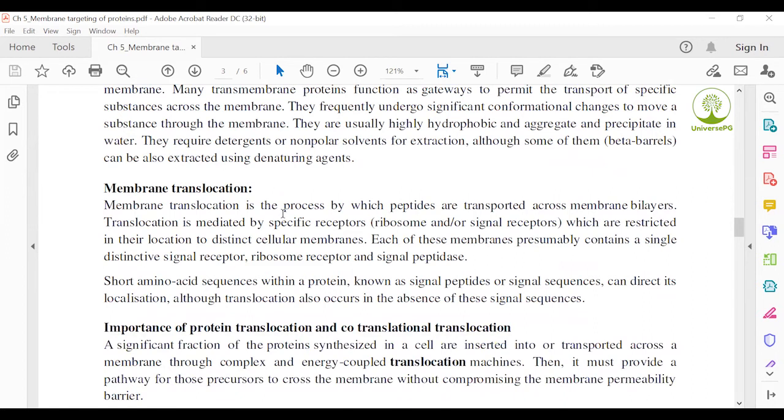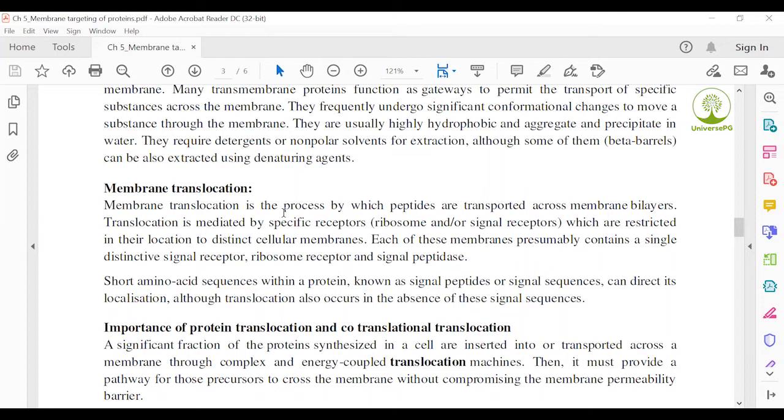Next, transmembrane translocation. What is membrane translocation or transmembrane translocation? Membrane translocation is the process by which peptides are transported across the membrane bilayer.